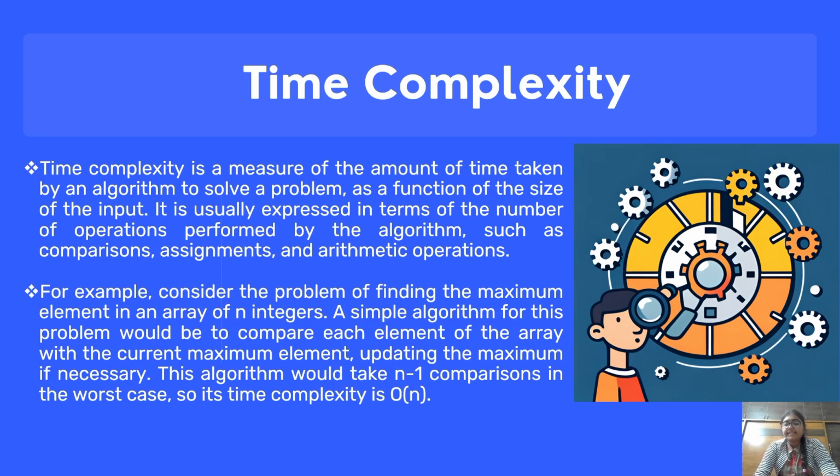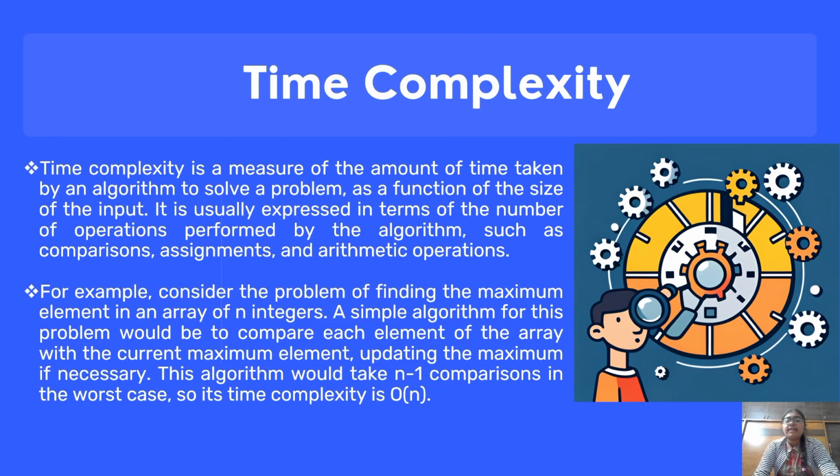Time complexity. Time complexity is a measure of the amount of time taken by an algorithm to solve a problem as a function of the size of the input. It is usually expressed in terms of the number of operations performed by the algorithm, such as comparisons, assignments, and arithmetic operations.